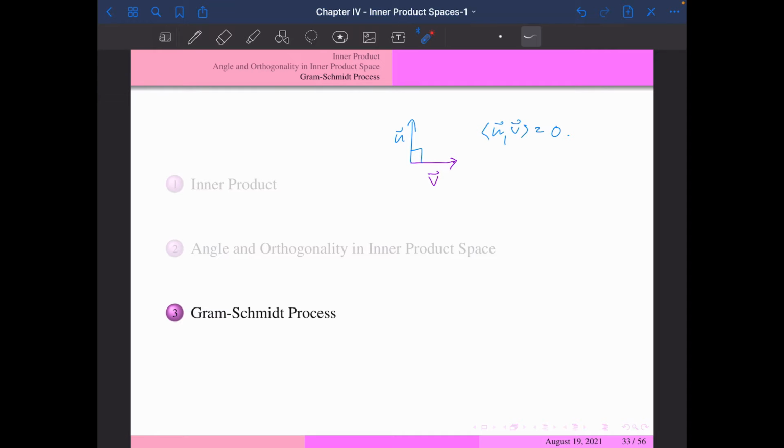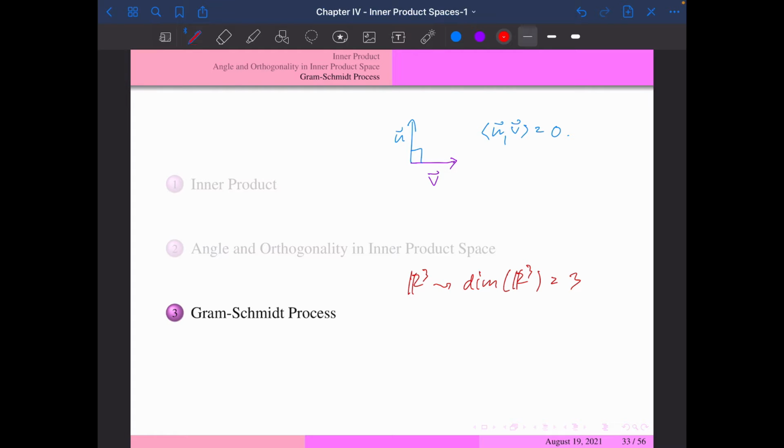If you remember the topic in Chapter 2, we said something about the basis, right? We know that the dimension of R3 is equal to 3. What does it mean?